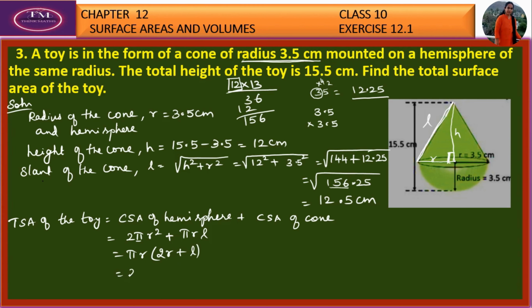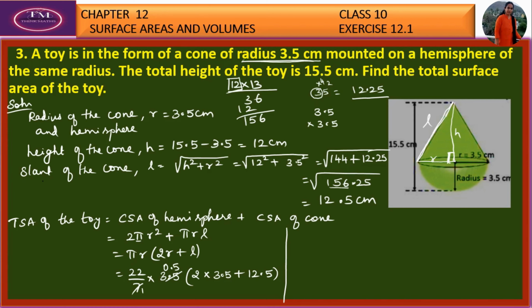So pi value is 22 by 7. R value is 3.5. And in the bracket we have 2 into r, which is 3.5, and l is 12.5. Now we have to do the calculation. So here 1 sevens are 7 and 5 sevens are 35. But we have 3.5, so we have to write 0.5.